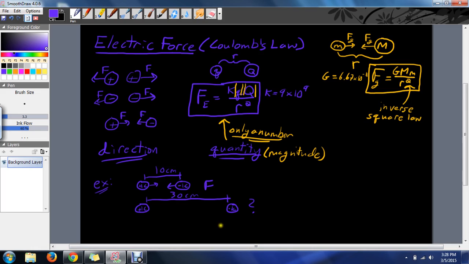Take a second. Hopefully you see that the distance, which I'm calling r, I know it might be uncomfortable to call distance r, but it's okay, r will triple. Which means the force goes down by a factor of 9.